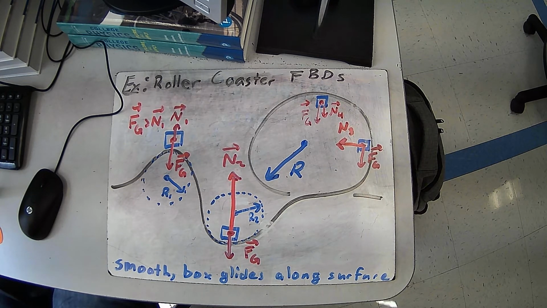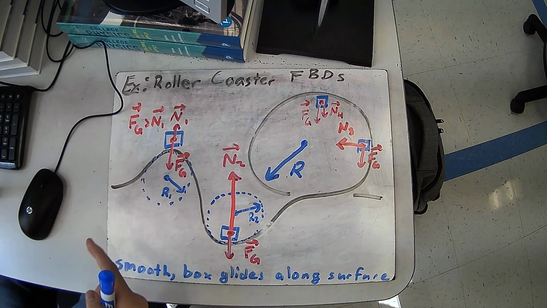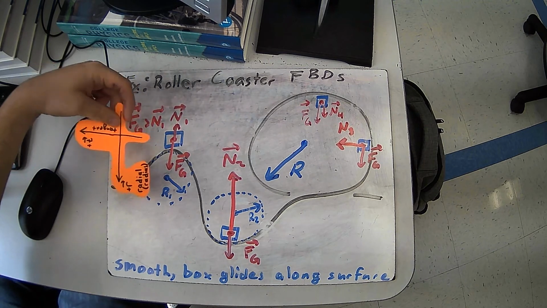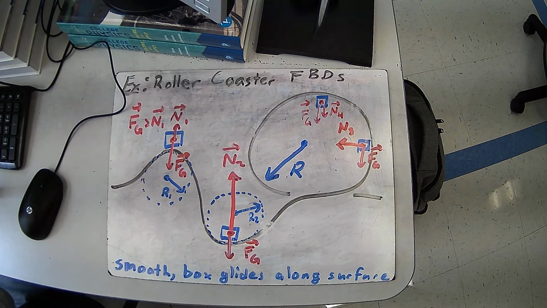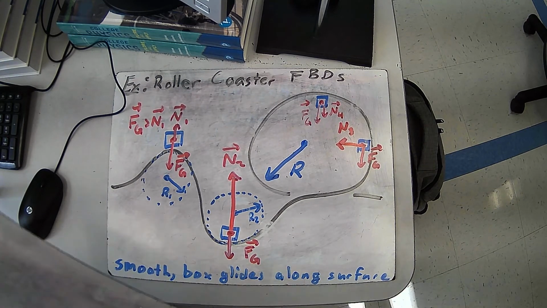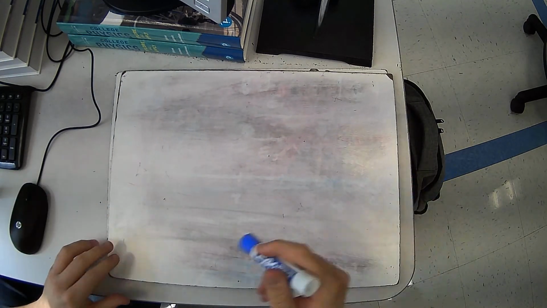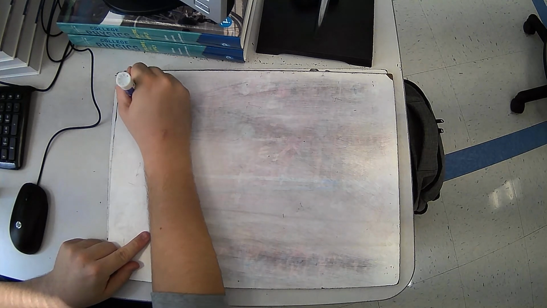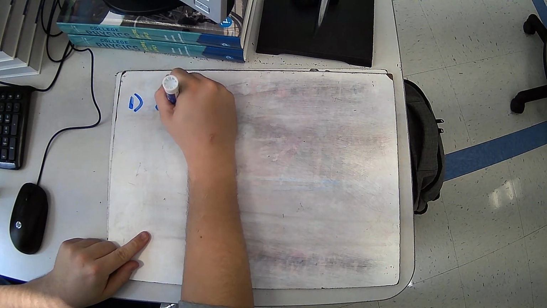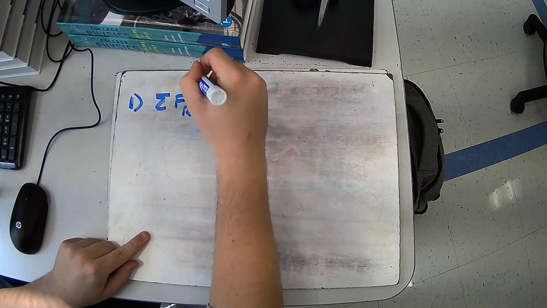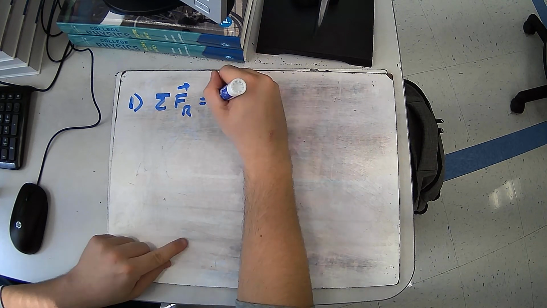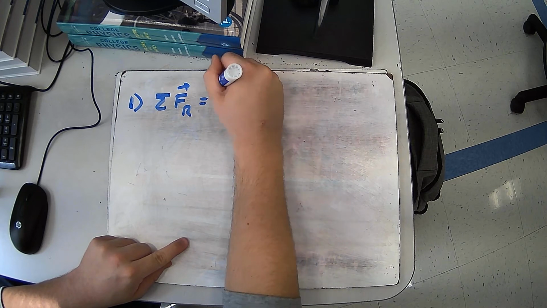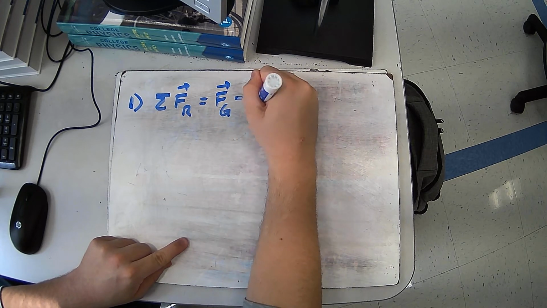I'm now going to write the sum of the forces equation in the radial direction for each of these. Starting here, where the radial direction is downward and the tangential direction is to the right. The sum of the forces in the radial direction for scenario 1. What does that look like? Sum of the forces in the radial direction. That's going to be in minus out. Toward the center of the circle was the gravitational force minus normal force 1.